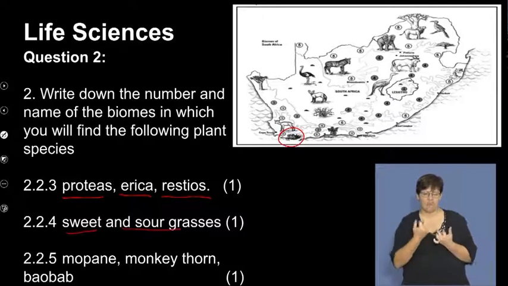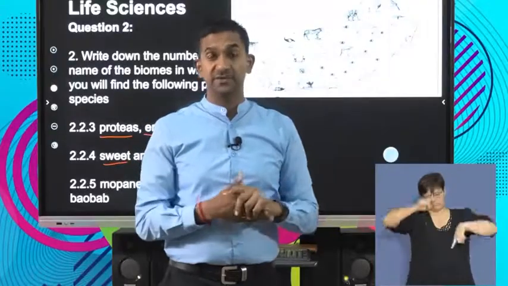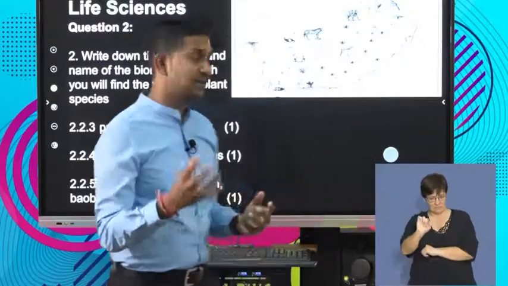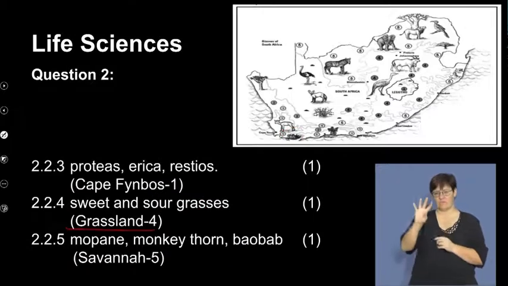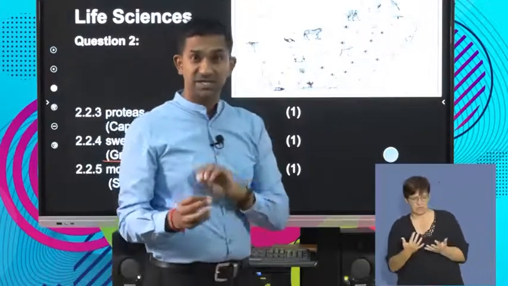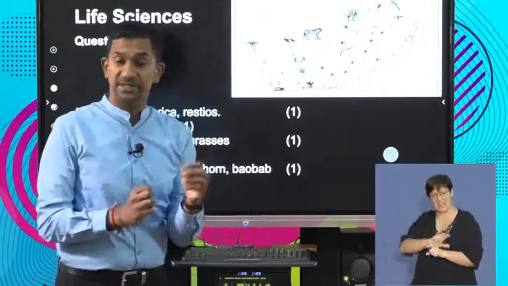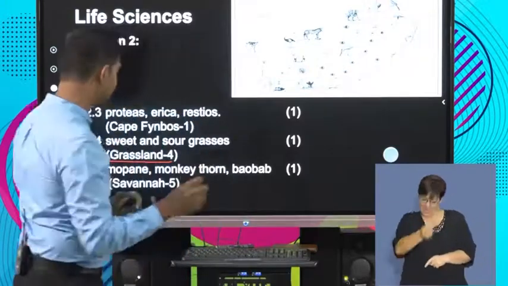Sweet and sour grasses, again, would be in areas that have a predominance of types of grass that are unique in those areas. If we look at that, that's in your grassland in area number 4. These are areas that have predominantly grass that is either the sweet or sour grass, which are unique to the habitat and attract certain herbivores that prefer that. So it's important that you recollect that.